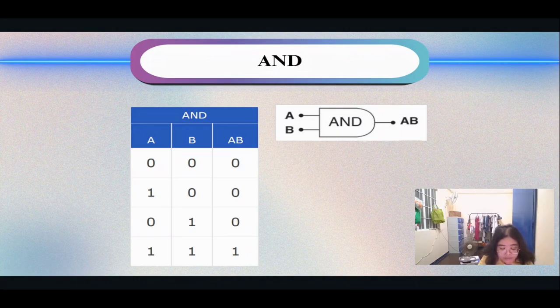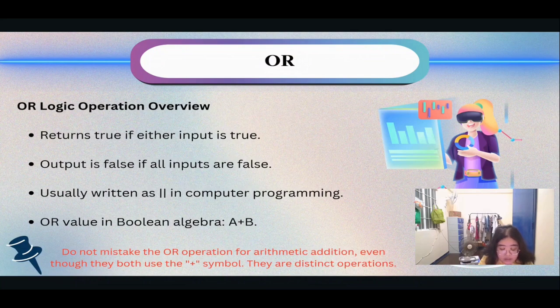Both inputs need to be 1. The third row, when input A is 0 and input B is 1, the result is 0 because the condition for the output to be 1 is not met. Both inputs need to be 1. The fourth row, when both inputs A and B are 1, the result is 1 because the condition for the output to be 1 is met. Both inputs are 1.